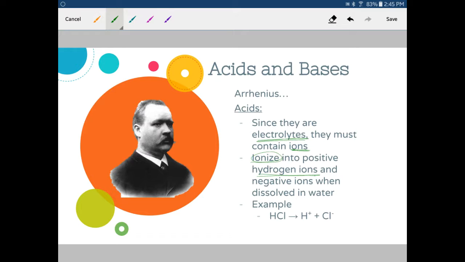We see this ionization of our 2 ions, and this would be an electrolyte because we do have this ionization. And again, this hydrogen ion being formed is what makes something acidic according to Arrhenius' theory.